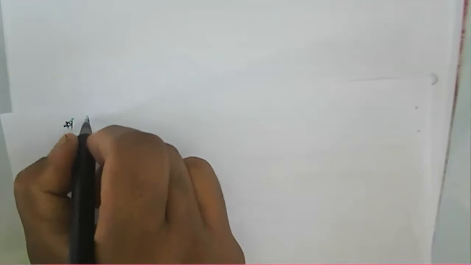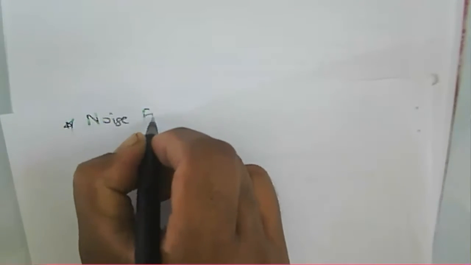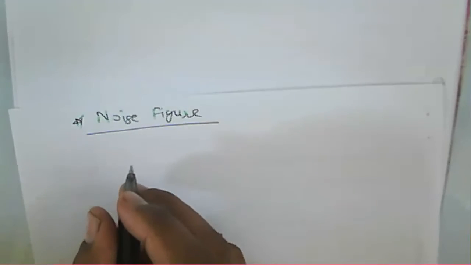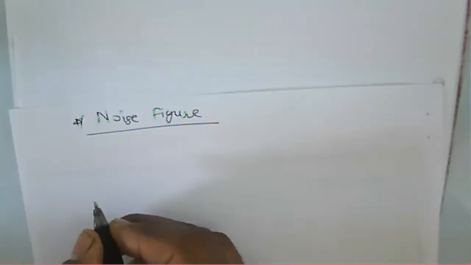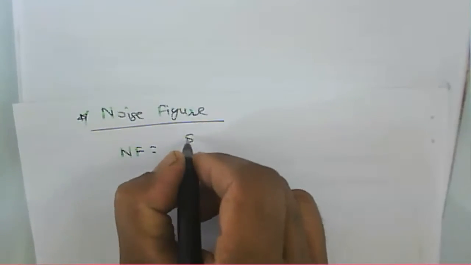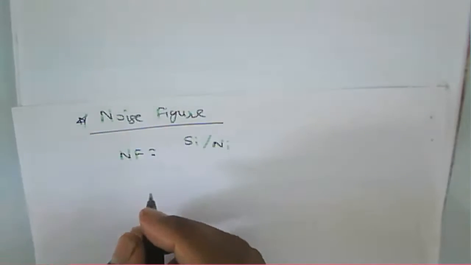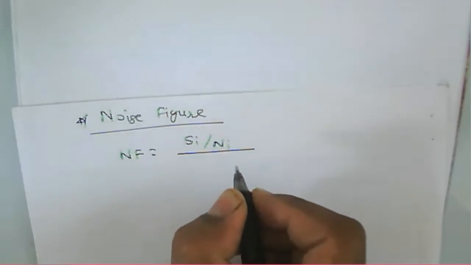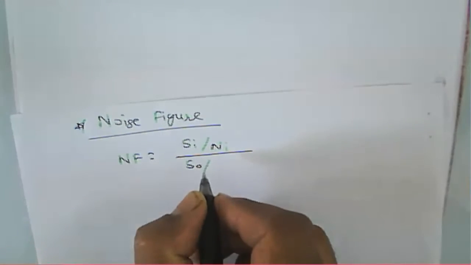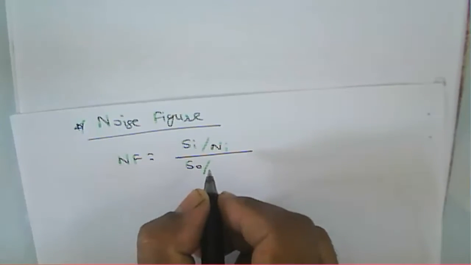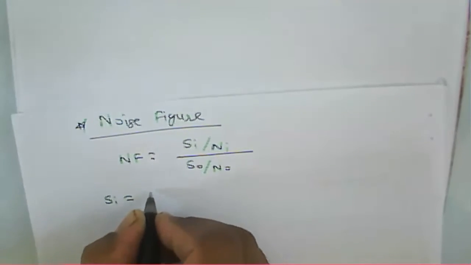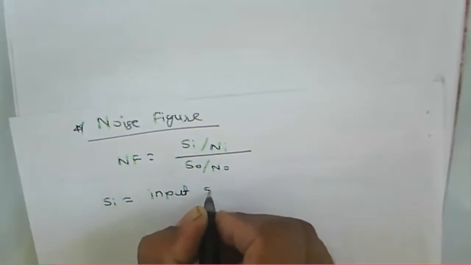Then using the noise temperature, we should know the noise figure, and that noise figure is nothing but the ratio of the input signal to input noise power to the output signal power to the output noise power. So SI is nothing but the input signal power.